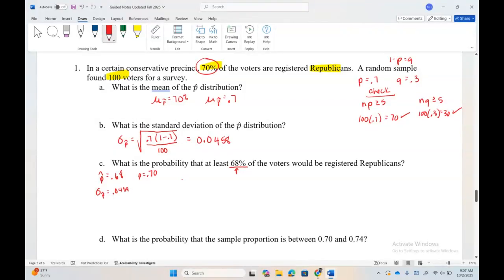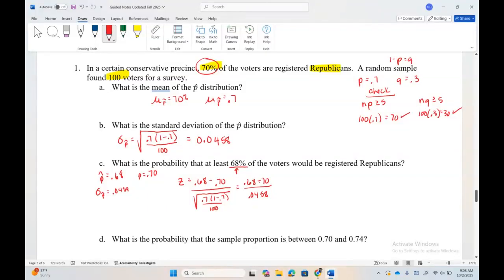So we're going to use our new formula for Z. So I have P hat minus P over, and I can either put in the formula for standard deviation or I can go ahead and put in that decimal that we found previously for standard deviation. Just don't round to 0.05. That's going to throw us off.